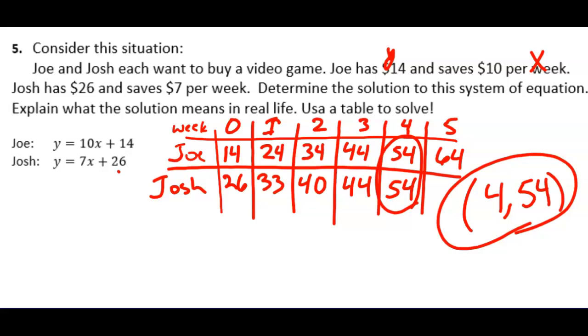On your worksheet, you are going to make sure that you do or have done all of those problems. You're going to do the first 2 by solving those equations. That's the hardest part. And then graphing them.